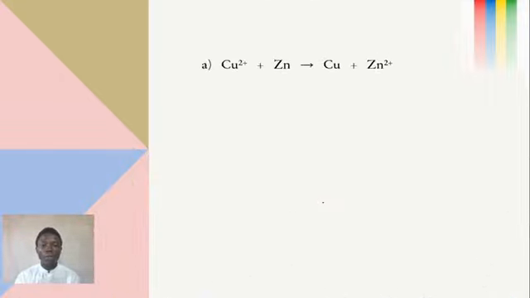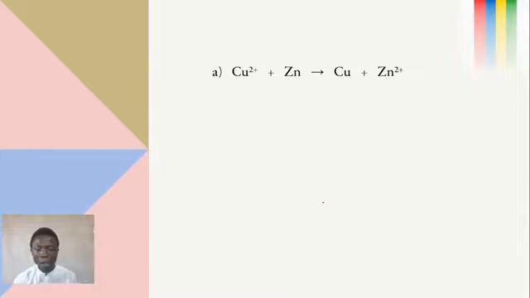The first one is copper. There's nothing like oxygen, so we are not going to look in terms of oxygen. The next thing that comes to mind is the increment or decrease in oxidation number.